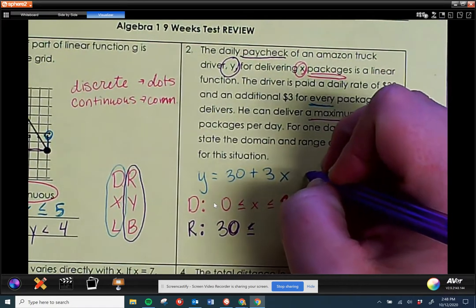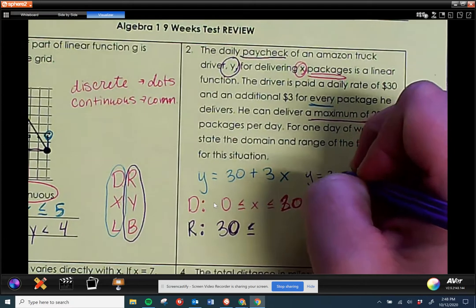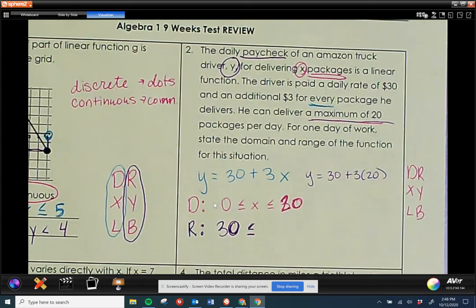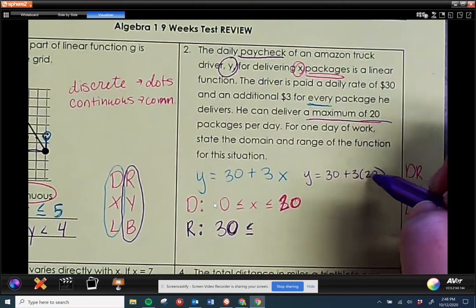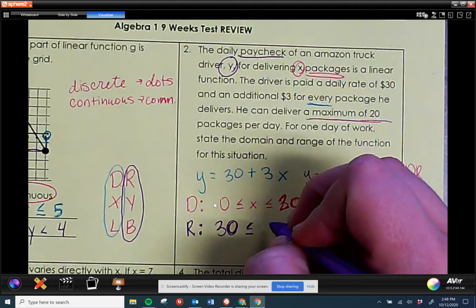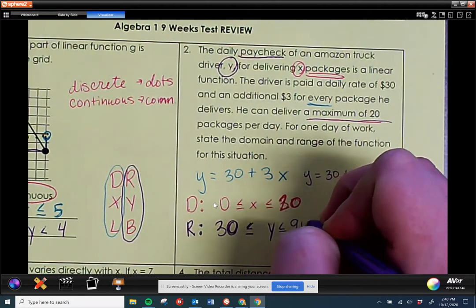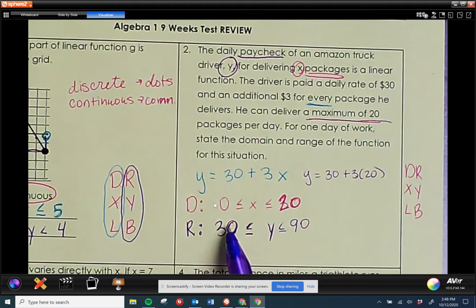So if we plug in 20, 30 plus 3 times 20 to find out what that maximum value is, 3 times 20 is 60, right? And 60 plus 30 would be $90. Okay, so he can make between $30 and $90 per day depending on how many packages he delivers.